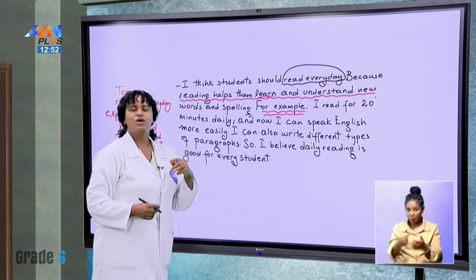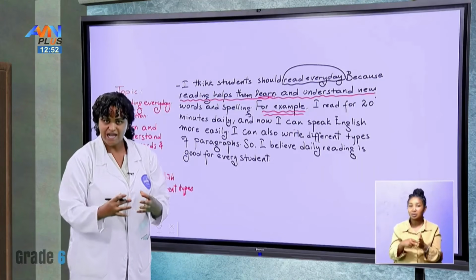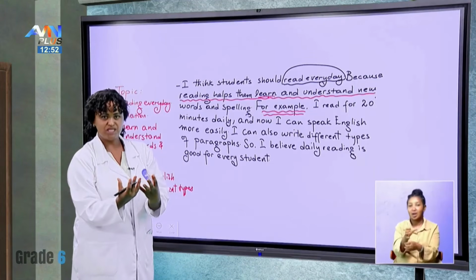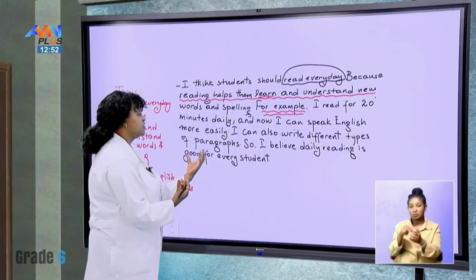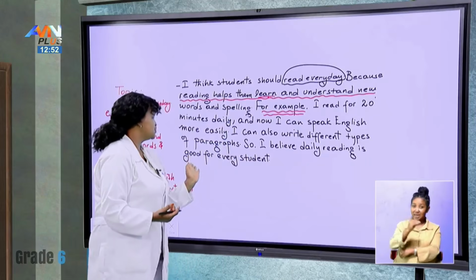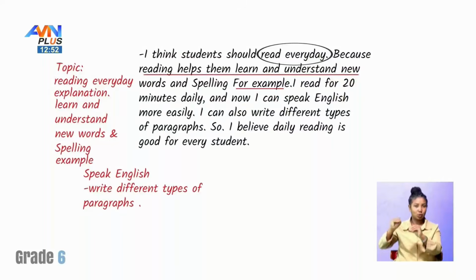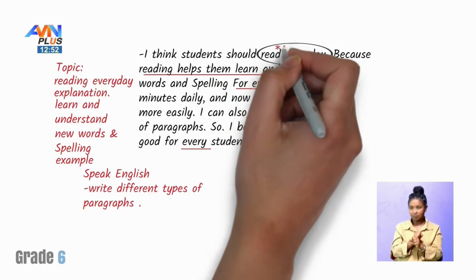So, what are we trying to do when we say "so"? Yes, he is trying to finalize, which means coming to a conclusion. Wonderful. "So, I believe daily reading is good for every student." By saying this, we have come to our initial point.